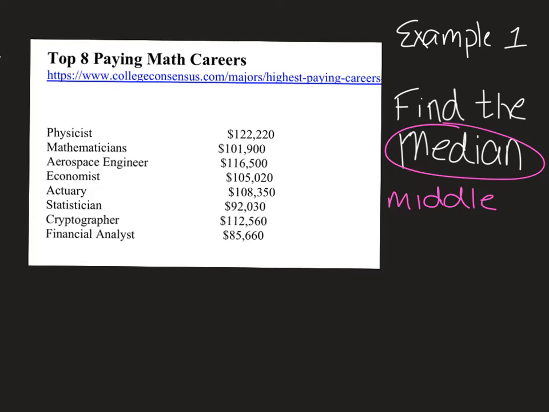Let me try that again. So the first thing that I'm going to need to do is make sure that, because we can't just look and see what's in the middle of the list the way it's written right now, we first have to put it in order from least to greatest.